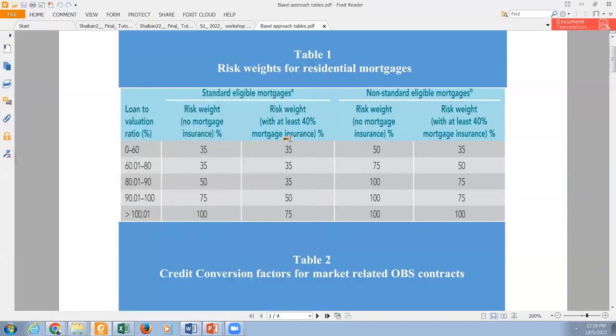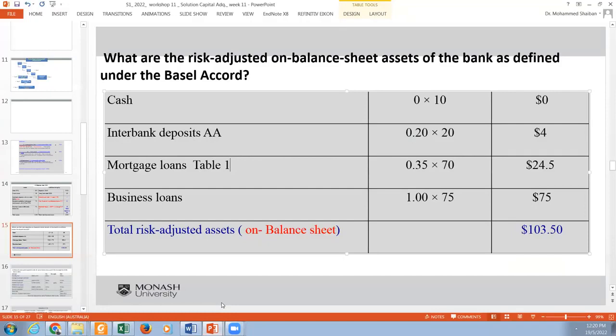This is no insurance, and it is 75. So it's actually in this area from 60 to 80. So the 8 is 35%. So if I go now here, you will find that is 35%.